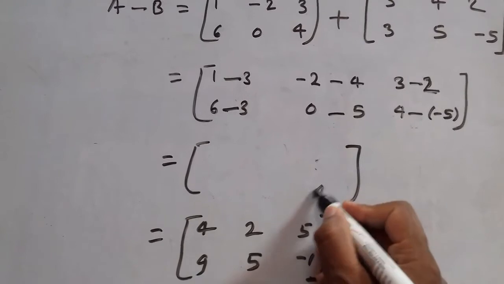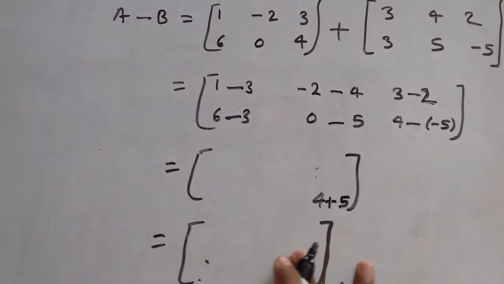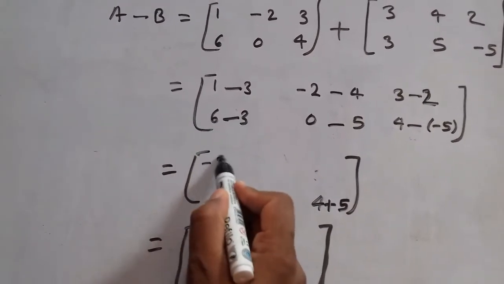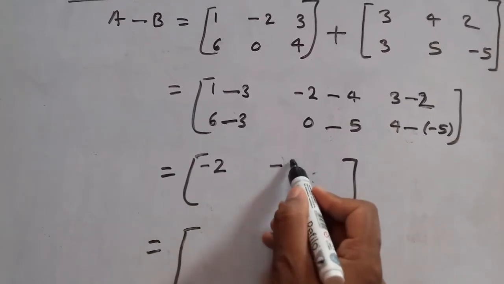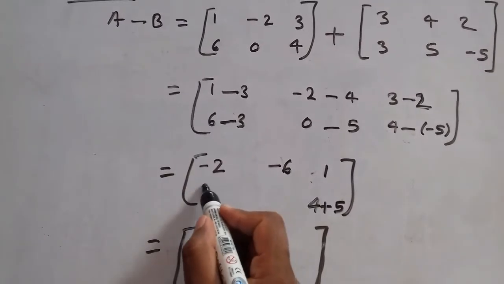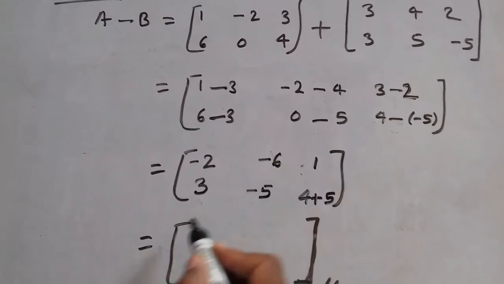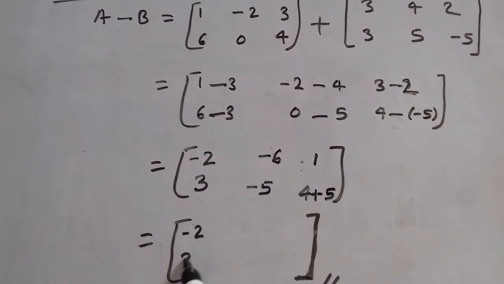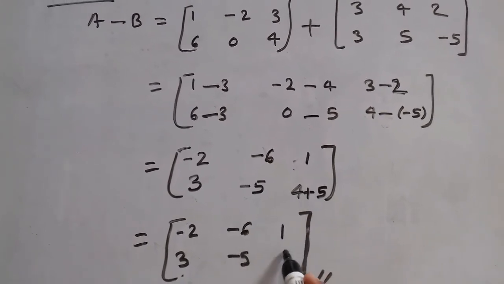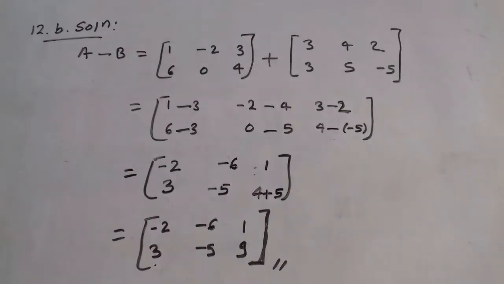Here will be 4 plus 5, here will be 1 minus 3 is minus 2, minus 2 minus 4 is minus 6, 3 minus 2 is 1, 6 minus 3 is 3, 0 minus 5 is minus 5, then minus 2, 3, minus 6, minus 5, 1, 4 plus 5 is 9. This is the answer of A minus B.